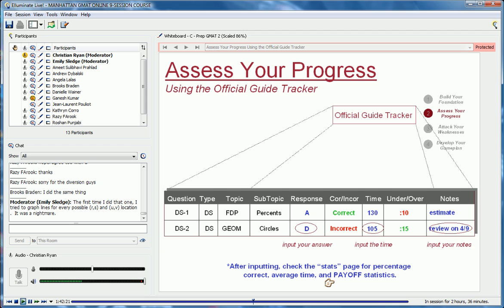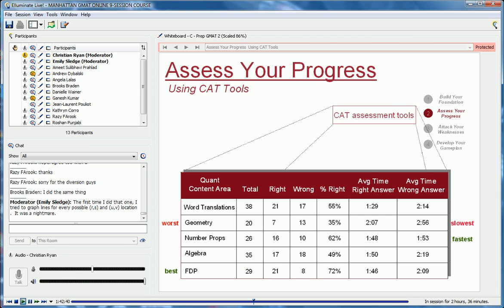So a payoff of 100% would mean every time you went over time, you got it right. A payoff of 0 would mean every time you went over time, you got it wrong. So higher payoffs mean it's probably worth spending a little extra time in that area. A low payoff would mean cut your losses.